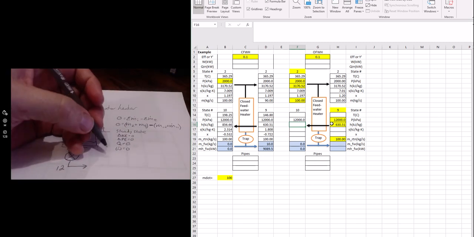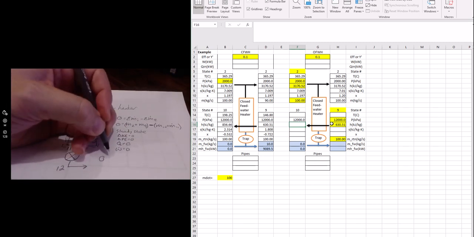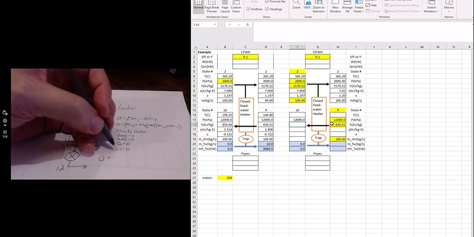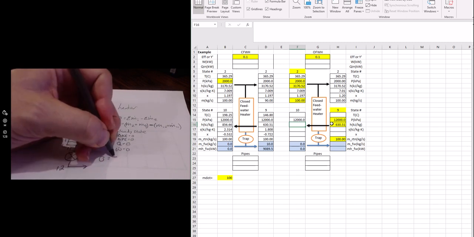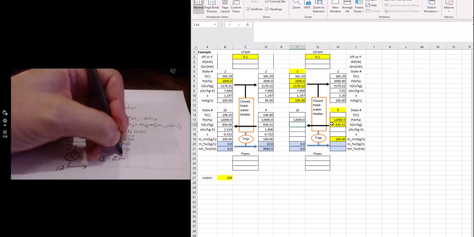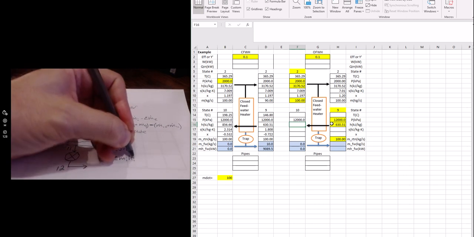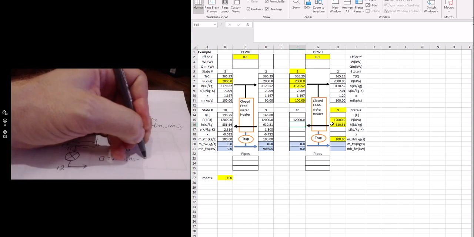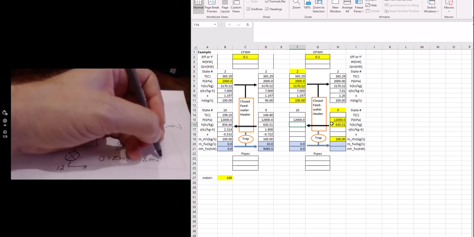Given all those conditions, we have that 0 dECV dt equals Q minus W, those are both 0, then plus summation m dot I hi, I don't have more terms because these are 0, minus summation m dot E he.